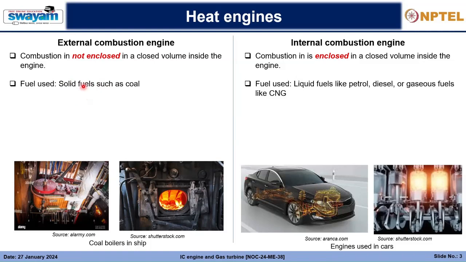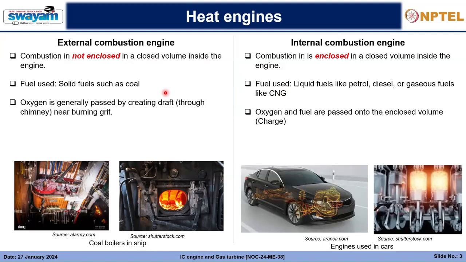So where can we utilize that? Also, we need to have a combustion engine. So that can be utilized by externally firing this coal and transferring the heat to another system. That is the advantage. And here the fuels used are liquid fuels like petrol, diesel, or gaseous fuel like CNG right now.